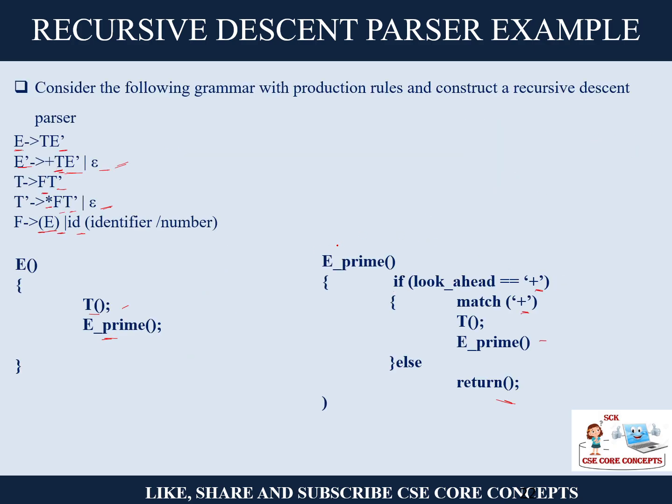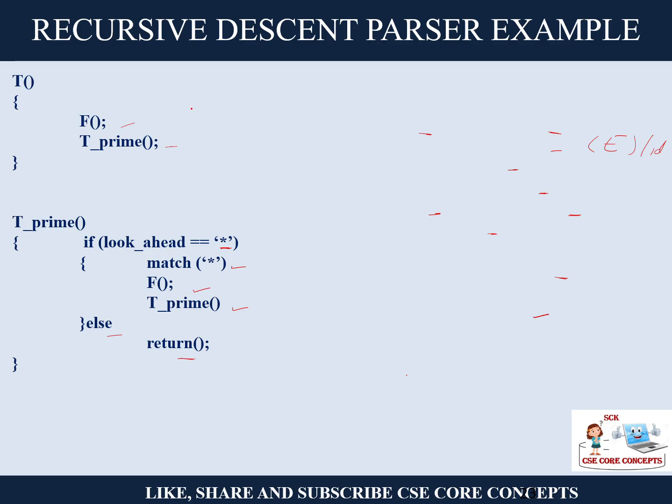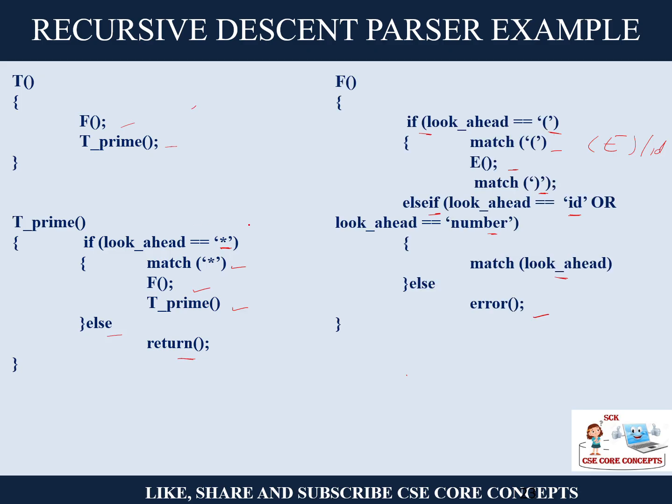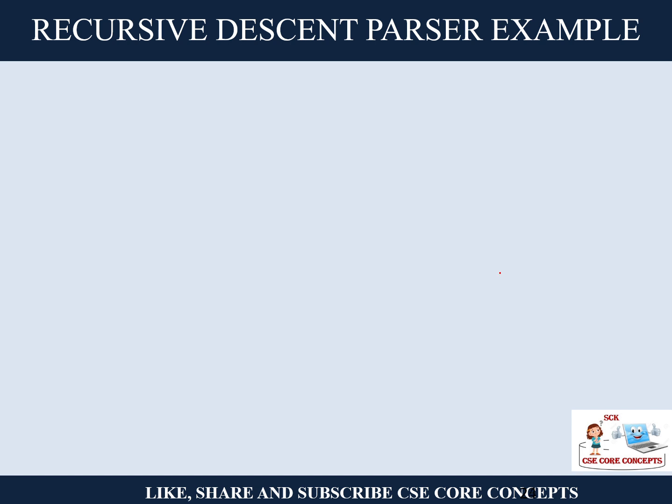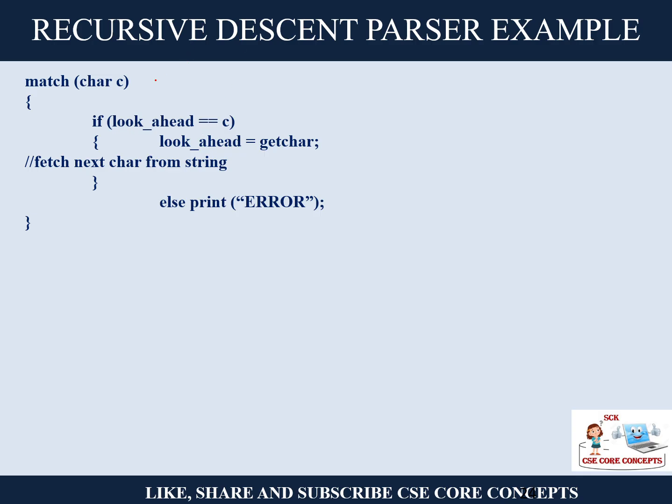So we have written all the functions: E, E prime, T, T prime and F. Now we have to write down the match function. So what does match say? Match takes as an argument the character which you pass from the calling function.